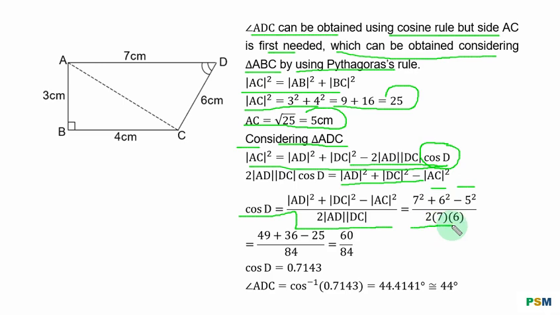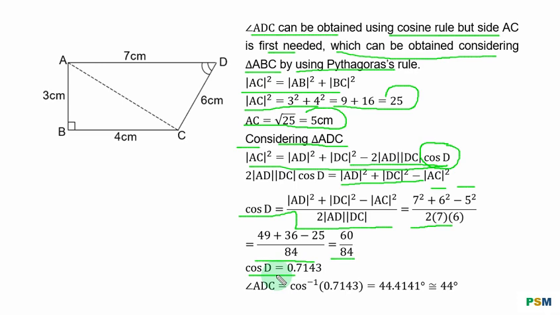When you simplify, you have this result. After addition and subtraction, you have 60 over 85. When you divide, cos D is equal to 0.7143.